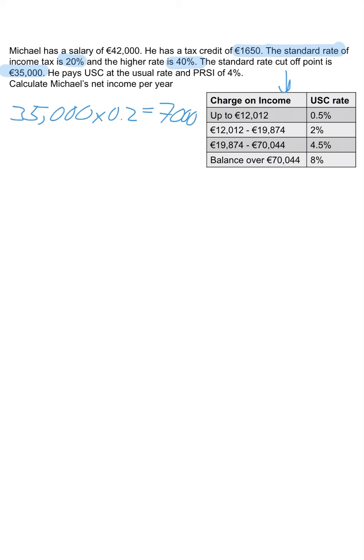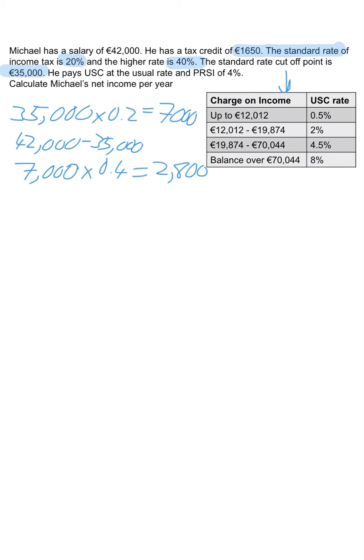Okay, so then anything above that, he's paying 40%. So let's do 42,000 minus 35,000, and that is 7,000 euro. And he's paying 40% tax on this amount. So 40% as a decimal will be 0.4. So multiplying 7,000 by 0.4, that is 2,800 euro.